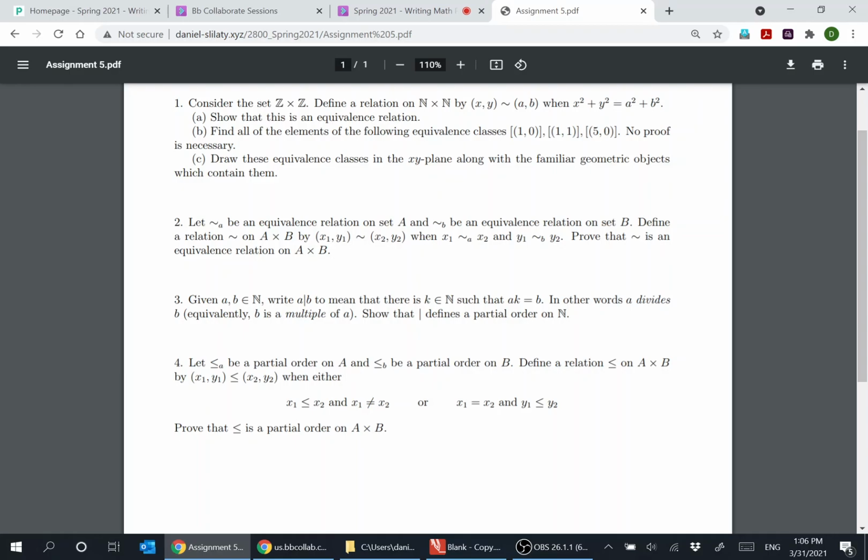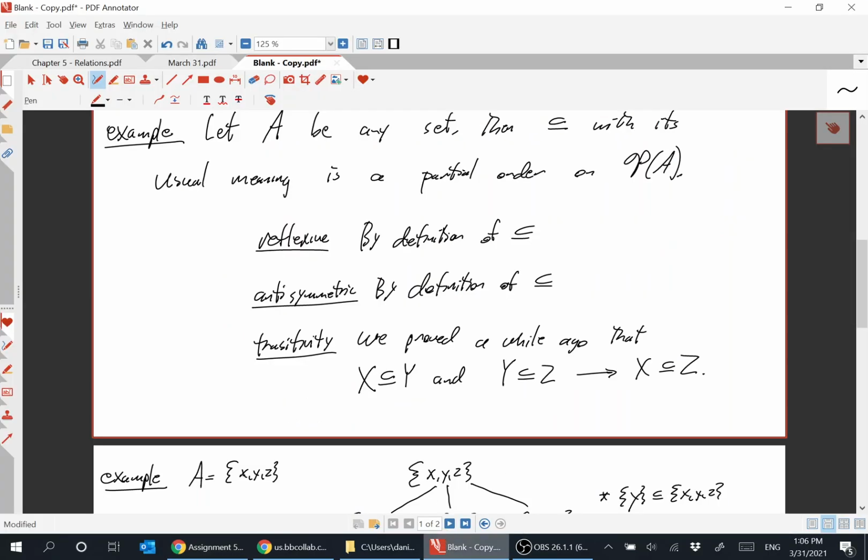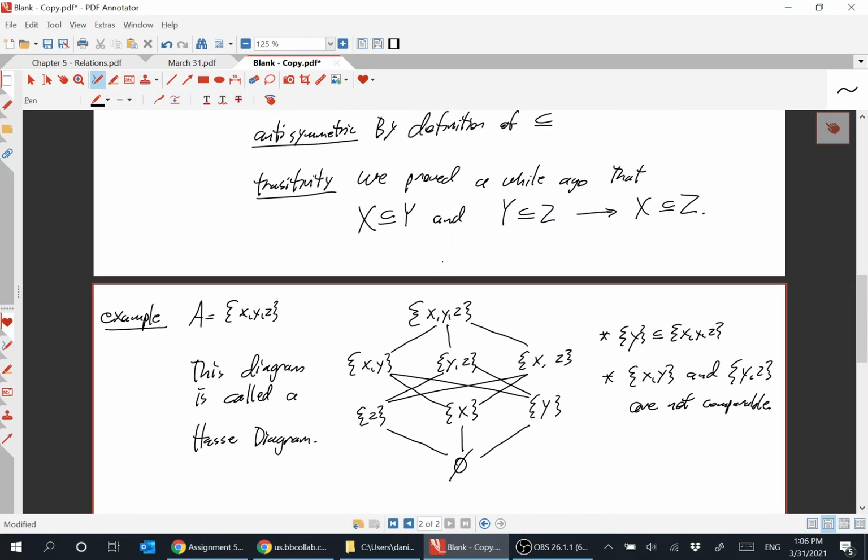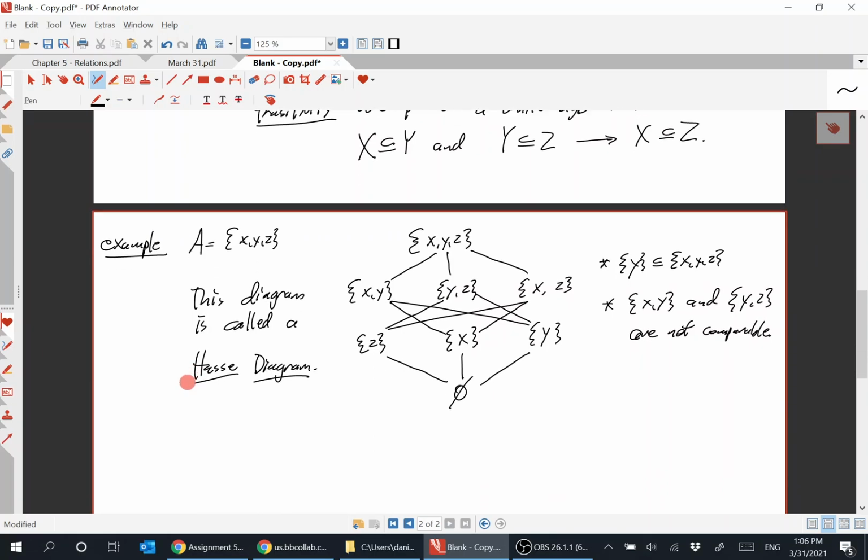So that's a partial order, but it's not a total ordering because some things aren't comparable, right? Neither does 5 divide 7 nor does 7 divide 5. So that's a classical partially ordered set. It's got a lot richer structure than the one we just talked about here, this subset ordering. This diagram is a Hasse diagram of the 3-element set subset ordering. So like {y} is a subset of {x, y, z}, {x, y} is a subset of {x, y, z}, and so on and so forth.